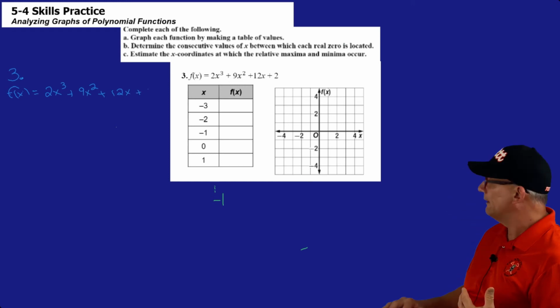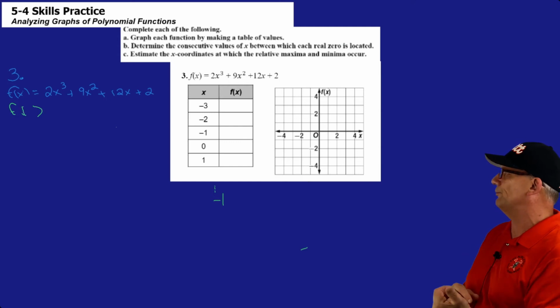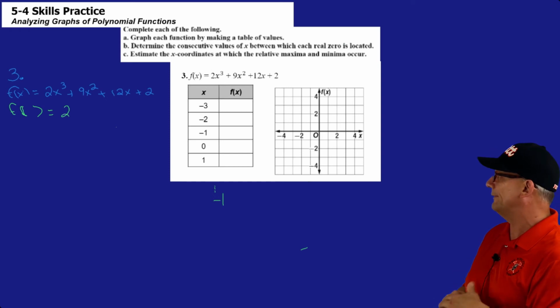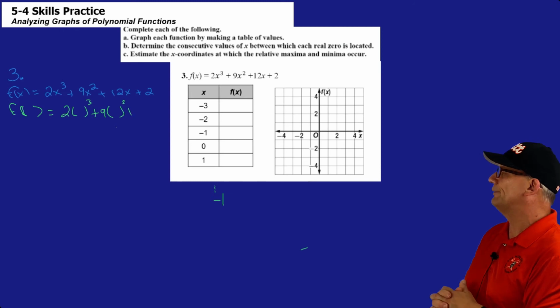And when we do that, what do we get? Well, we get -3 cubed, that is -27 times 2. That's -54. Stay with me now. -3 squared is 9 times 9 is 81. And then 12 times -3 is -36 plus 2.